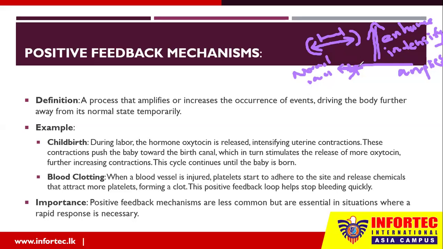Because of this oxytocin, it will intensify uterine contractions. It means stronger uterine contractions will be there. As a result, because of these strong contractions, the baby will be pushed towards the birth canal with a greater pressure.